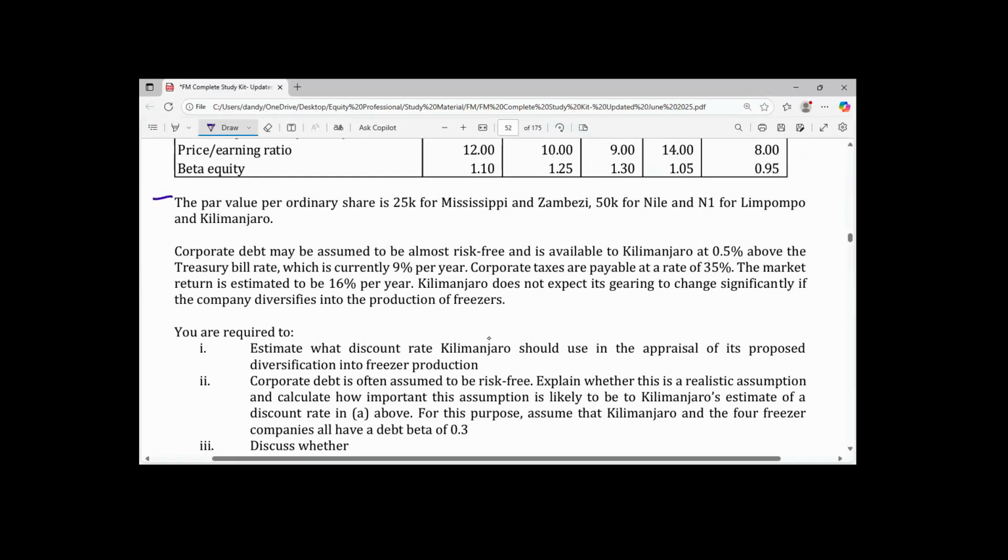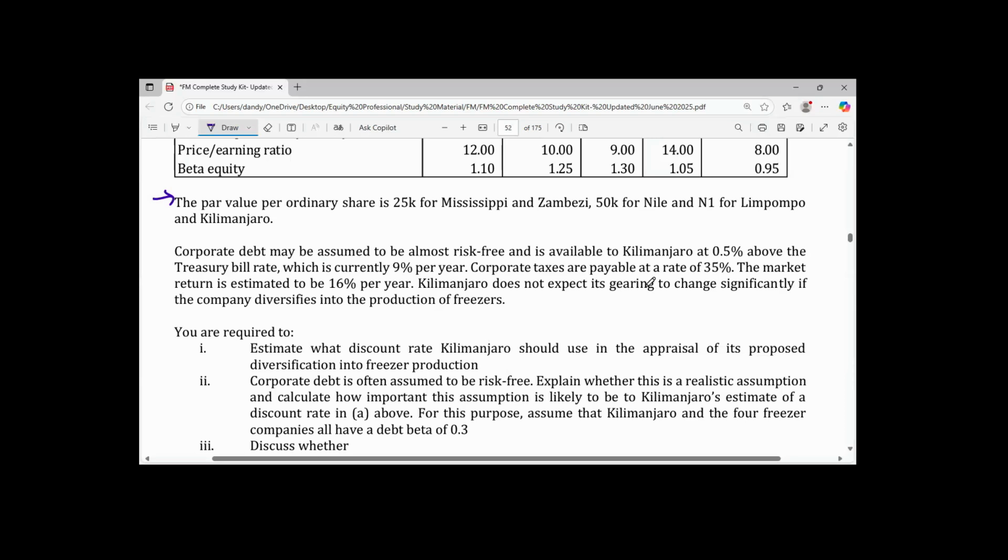The par value per ordinary share is 25 kobo for Mississippi and Zambezi, 50 kobo for Nile and 1 naira for Limpopo and Kilimanjaro.